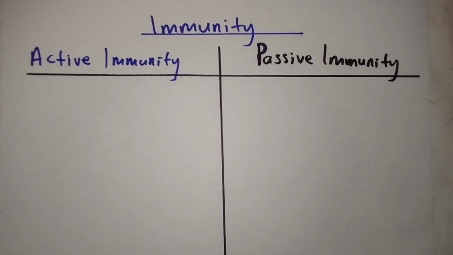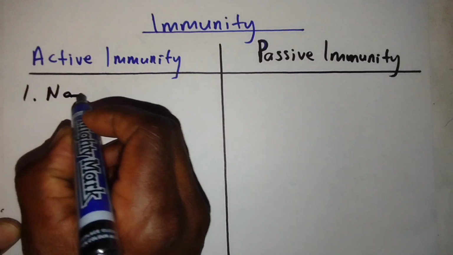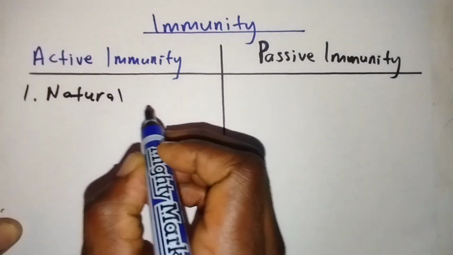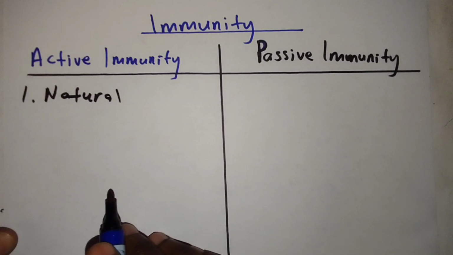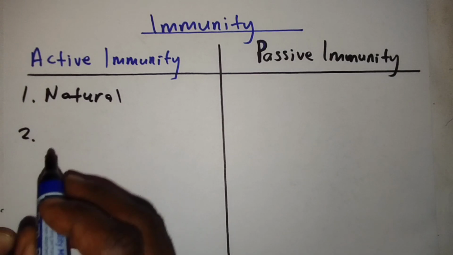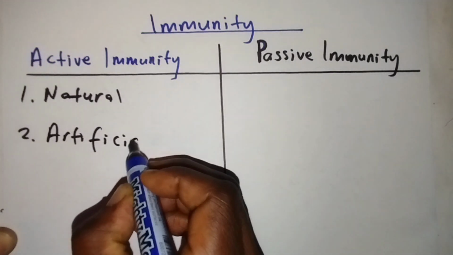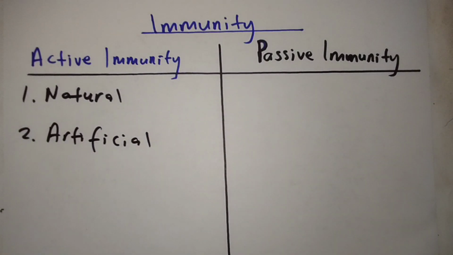Okay, so under the two types of immunity, we have got some categories. Under active immunity, we have got what is called natural active immunity, and also the second category of active immunity, that's artificial active immunity.